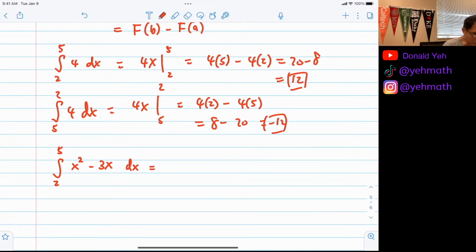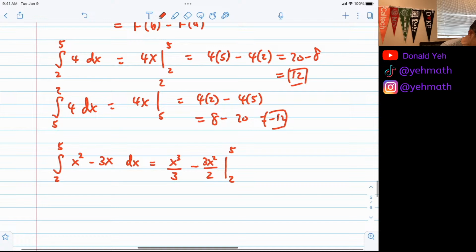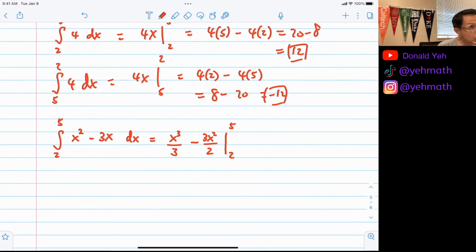Again, I will get x cubed over 3 minus what? Minus 3x squared over what? 2. Now I'm going to draw a straight line between 5 and 2. I'm going to show you arithmetically there's a shortcut, and it's not really a shortcut.